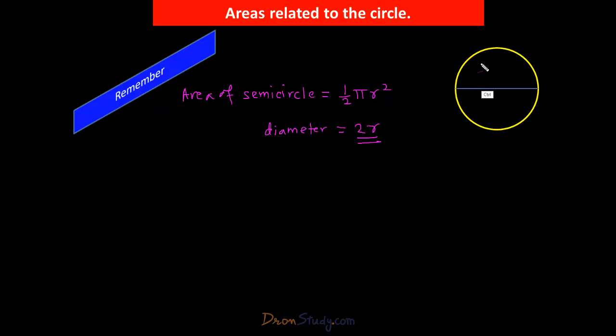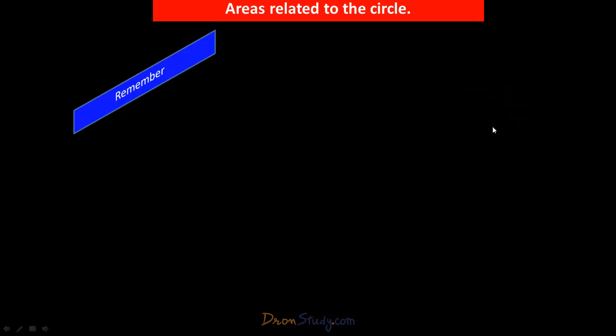So the area of the semicircle is given by pi r square upon 2, and the diameter is equal to 2r. We have seen the formula for the area of semicircle. Now here we will find the perimeter of the semicircle.